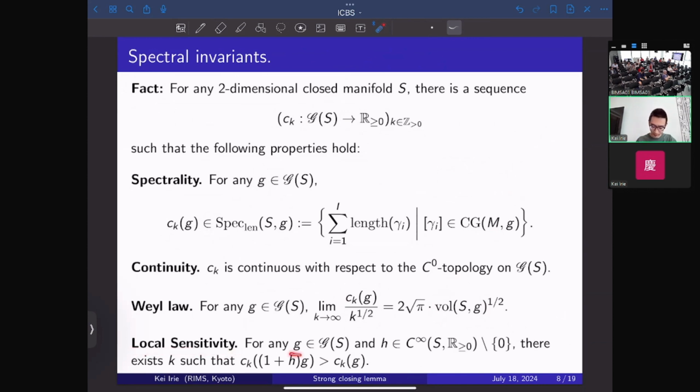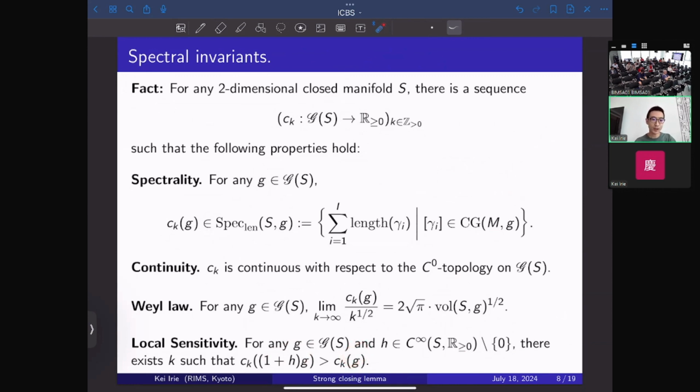That means that for any metric g, there exists a function h on S taking non-negative real values and not constant zero, such that there exists k such that c_k of (1 + h)g is larger than c_k of g. This is because the volume of (1 + h)g is larger than the volume of g.